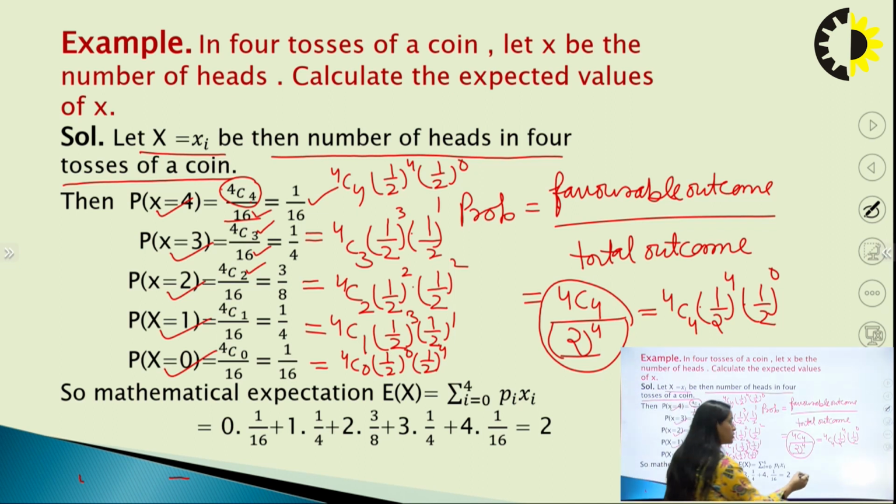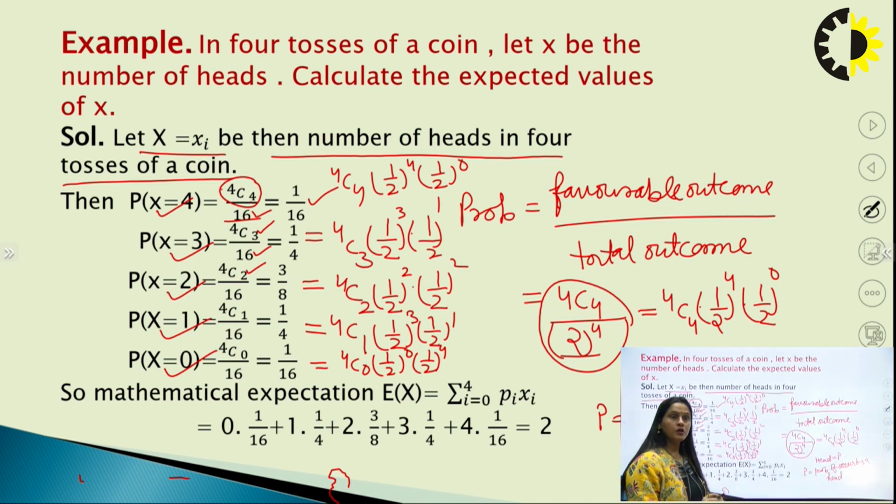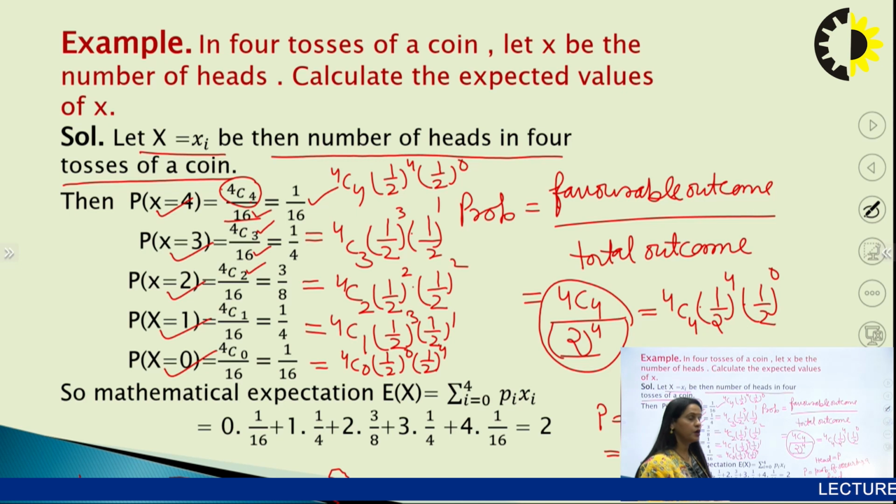So, for what we want, a head. So, we have chosen that the probability of occurring of a head is P. As we know, the probability is always favorable outcomes upon total outcomes.